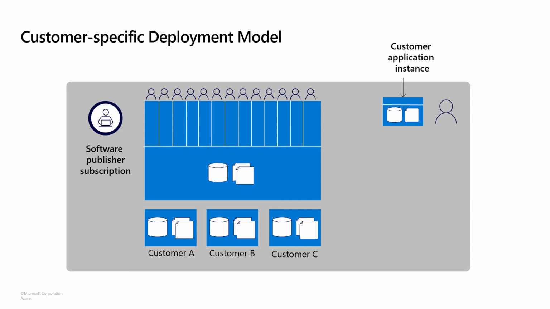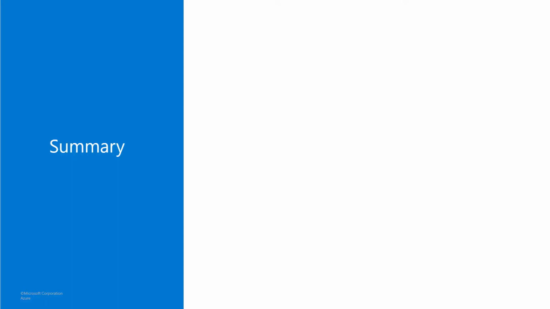In this model, it's often desirable to create a dedicated Azure Active Directory tenant for each install for even further separation of concern and data isolation. As long as our software is designed with this model in mind, we can have multiple of these instances as customers demand, and high-value customers are definitely what we're after.